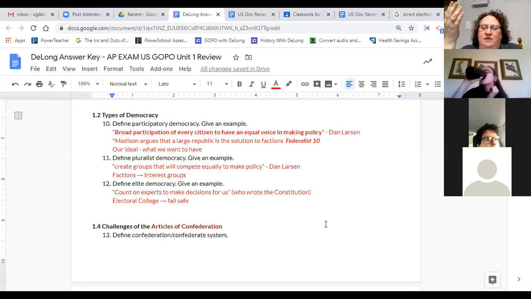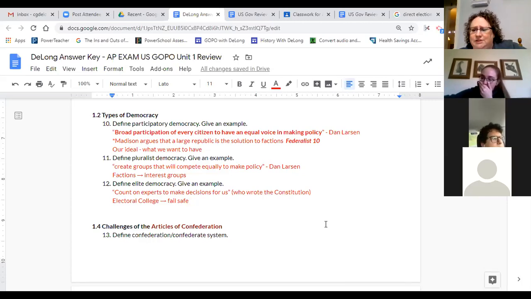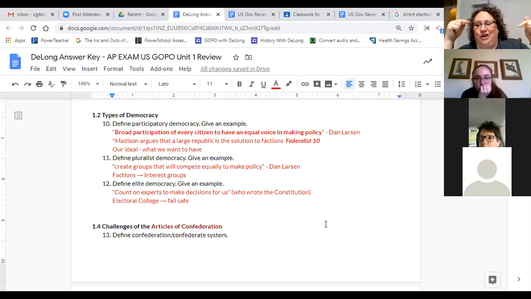And when you think about this, it's a perfect kind of argumentative question. Which type of these democracies do you think our founding fathers were arguing for in the Constitution? Okay. And you can support any of these. Some of them I think are easier to argue than others. I think that participatory is easier to argue. We can say, oh, they wanted us to be. But in reality, I think elitist is the easiest to argue.